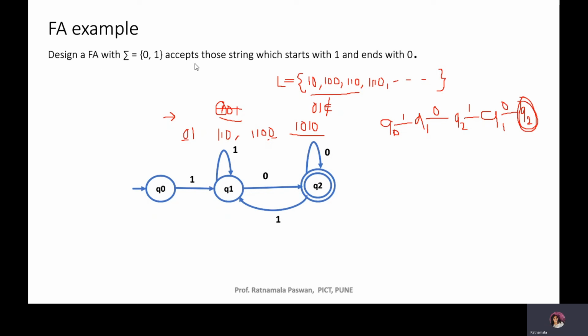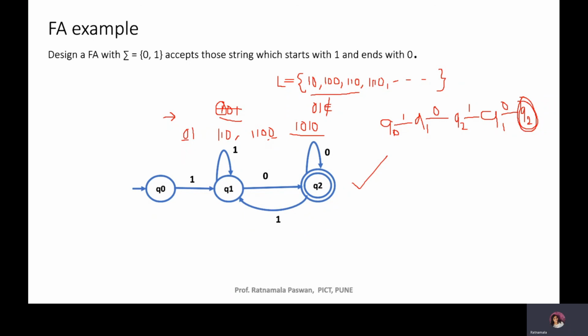As you can see, all such strings which start with 1 and end with 0 are accepted by this finite automata, and this is now the complete transition graph to satisfy all these strings. You can also try the invalid strings and check whether they are rejected by this finite automata or not.